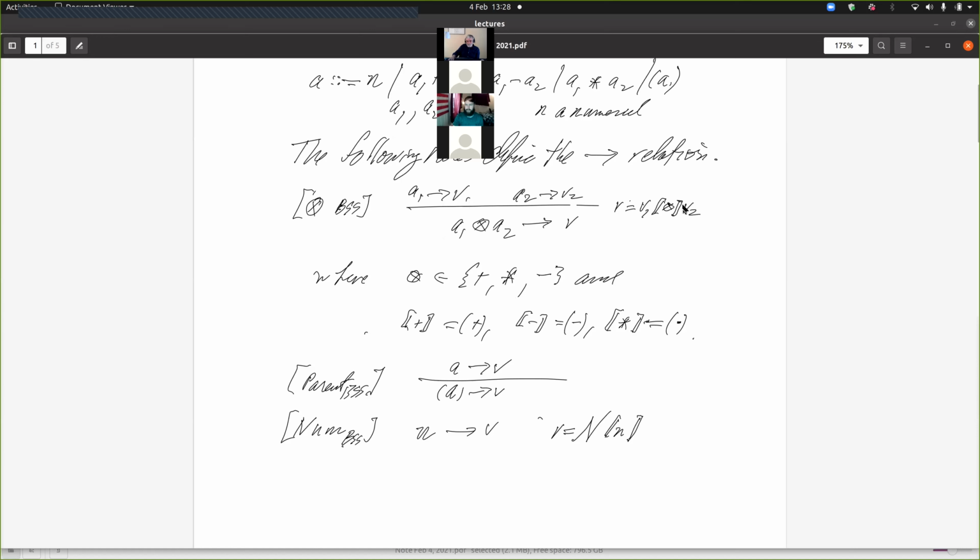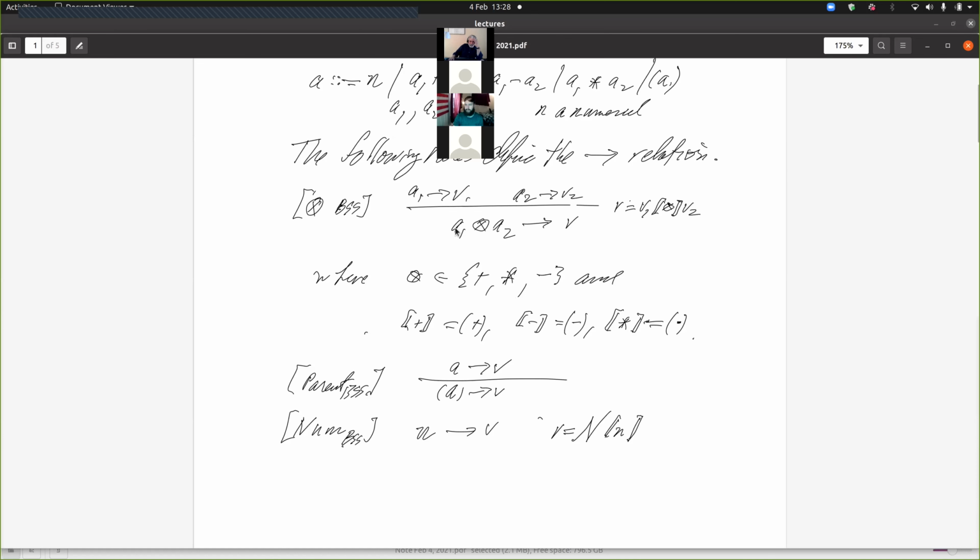And if I take those two integers and perform real mathematical plus on them, I get back V, then that means that A1 plus A2 is in that relationship with V.